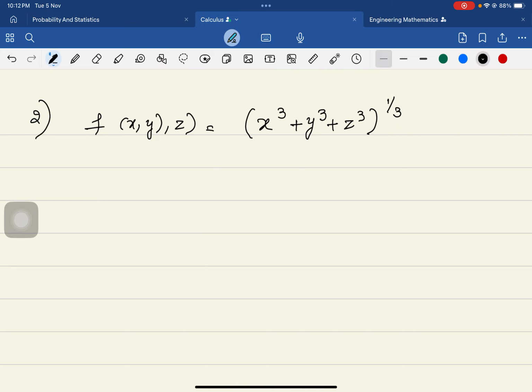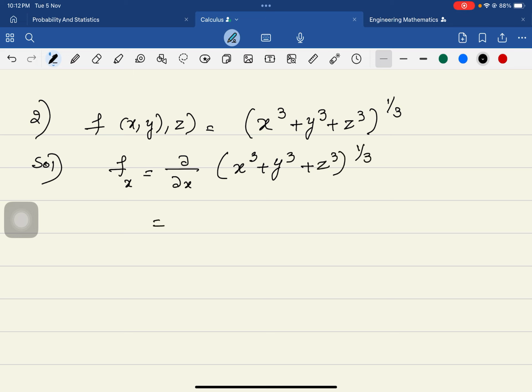Now we are differentiating with respect to x. So fx is what? It is dou by dou x of the whole function x cube plus y cube plus z cube, the power 1 by 3. Again we are using the chain rule.